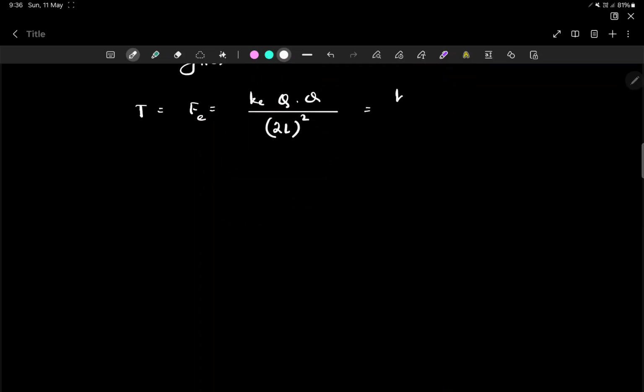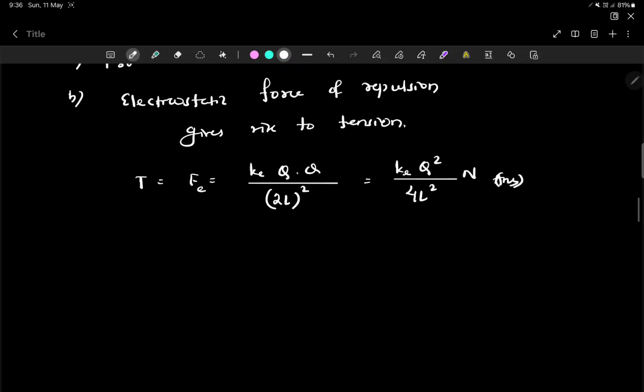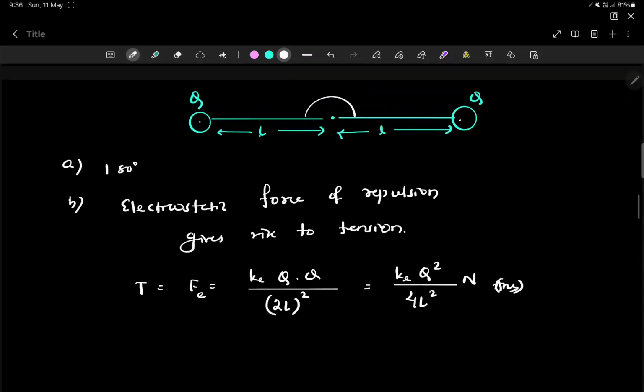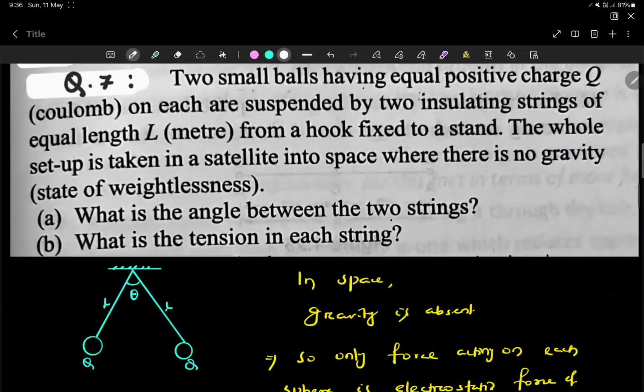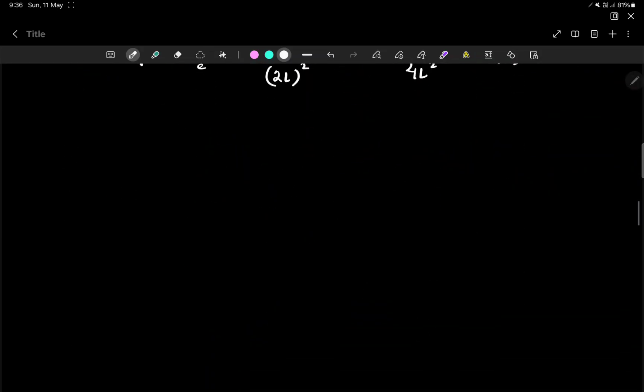So this will be Ke into Q square divided by 4L square. This is our answer, unit is Newton. Or you may represent it in terms of 1 by 4 pi epsilon naught. So this is about your question number 7. Okay, next come to your question number 8.